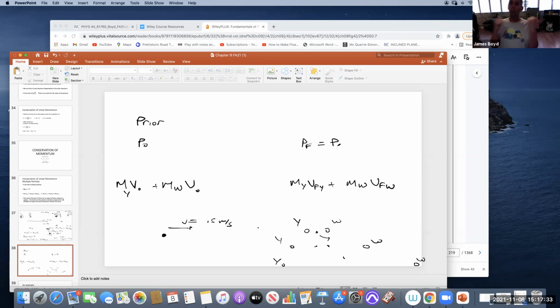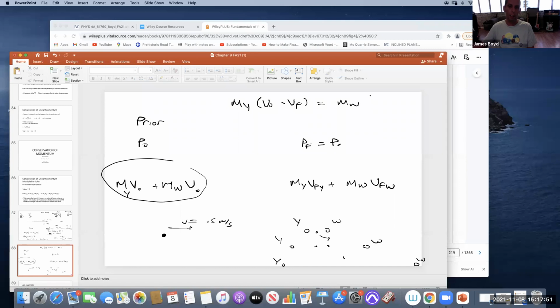However, your change of momentum and the wrench's change of momentum are exactly equal, okay? This means m of you times (v initial minus v final) has to equal m of the wrench times (v final minus v initial). In effect, your change of momentum is the negative of the wrench's change of momentum. Why? There's no external force.